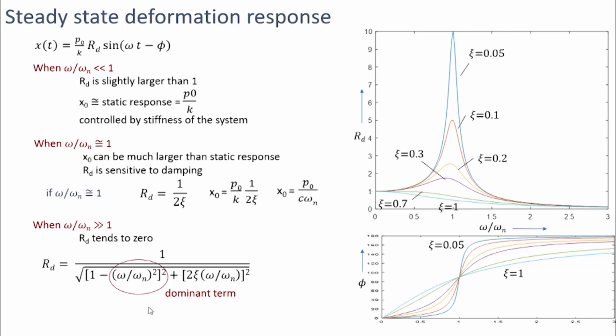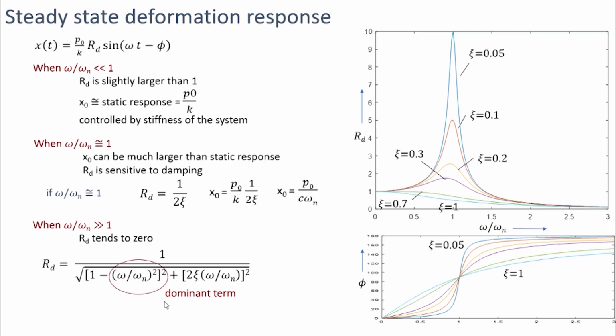This term is frequency ratio to the power 4, and this term has the frequency ratio to the power 2. So compared to this term, the value of this term is negligible. So you can say this is the dominant term in this expression for Rd when the frequency ratio is much higher than 1.